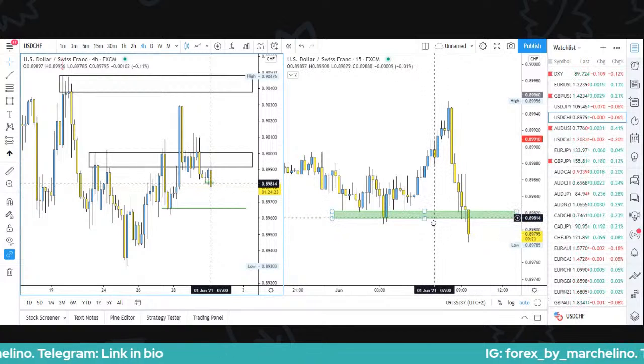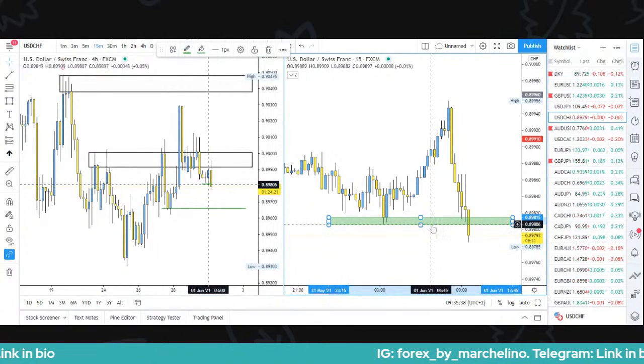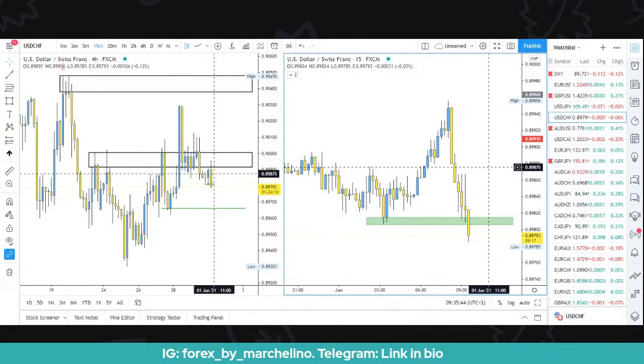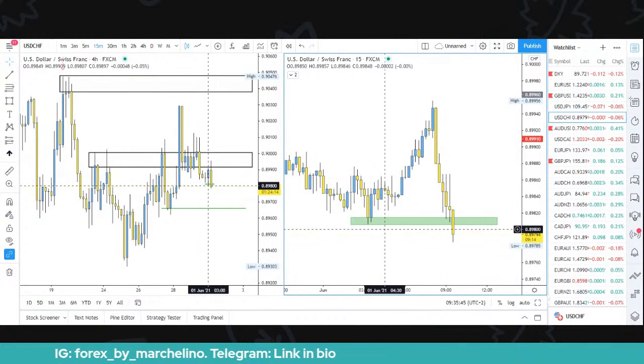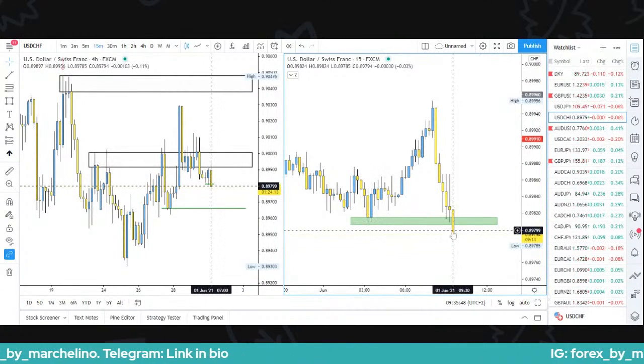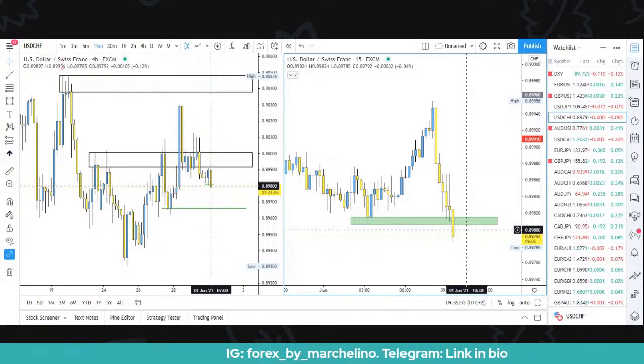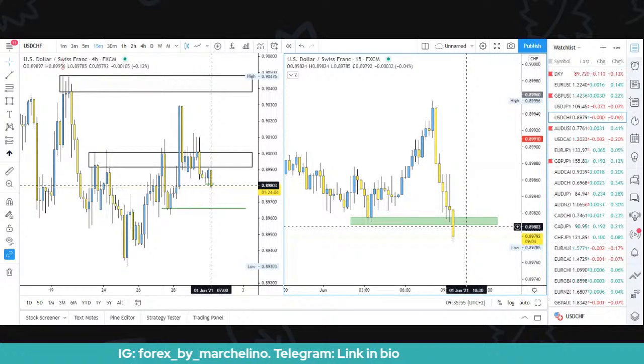Based on historical data, you can assume that the next candle will be bearish, and so you can look for sells in the next candle.